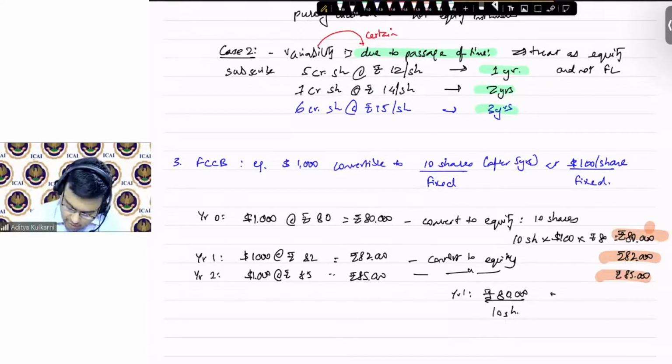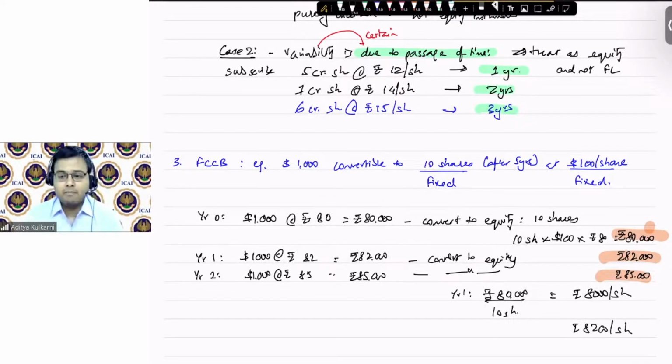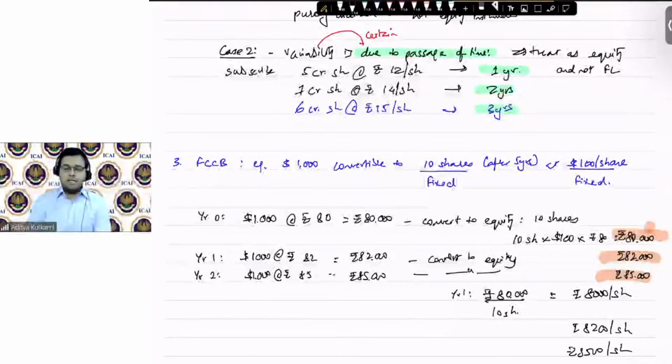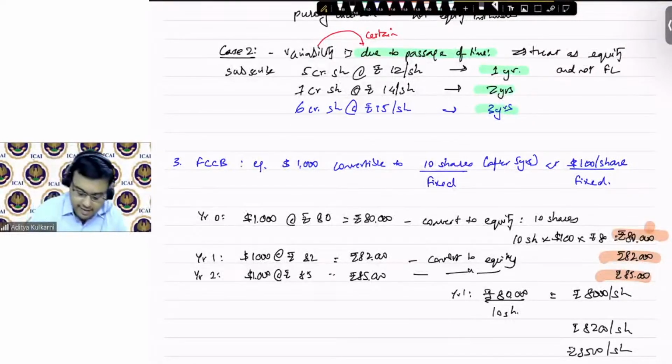That is going to give you rupees 8,000 per share. In the second year, it will be 8,200 per share. And in the third year, it is going to be 8,500 per share. Can you see that there is a variability in the price?